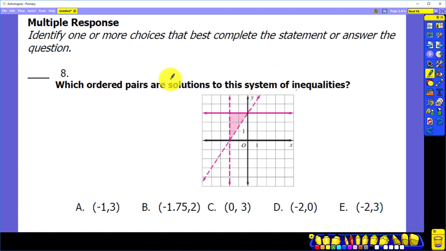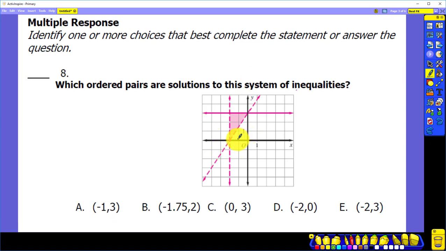Alright, question number 8. This is for our period 3 and period 4. Look, one thing that we have to understand is that if a point is on the boundary, make sure that the point is both on a solid line. Okay, let's try to plot -1, 3.